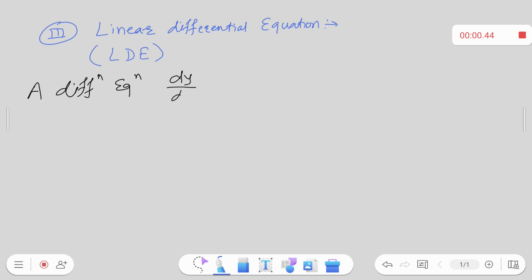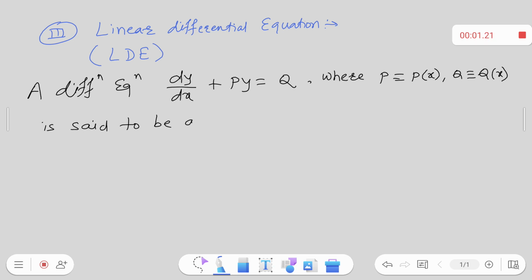A differential equation dy by dx plus py is equal to q, where p and q are functions of x, is said to be a first order linear differential equation.